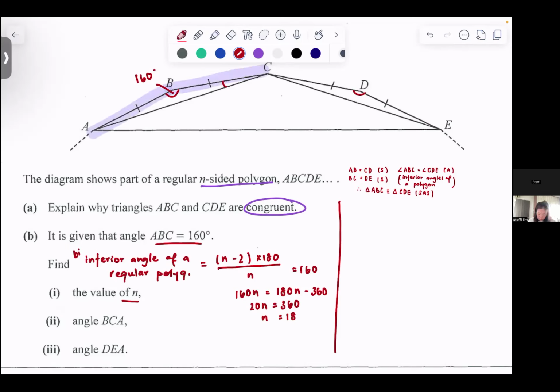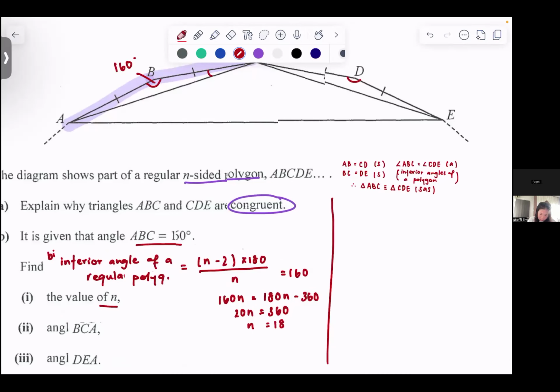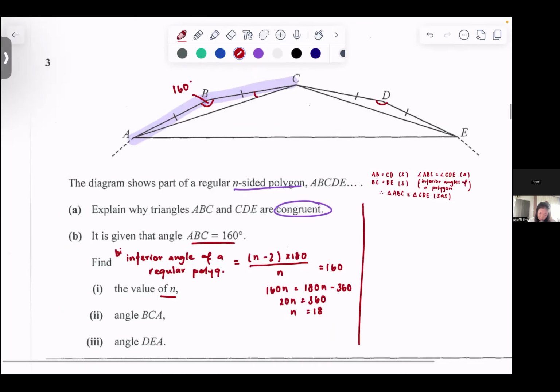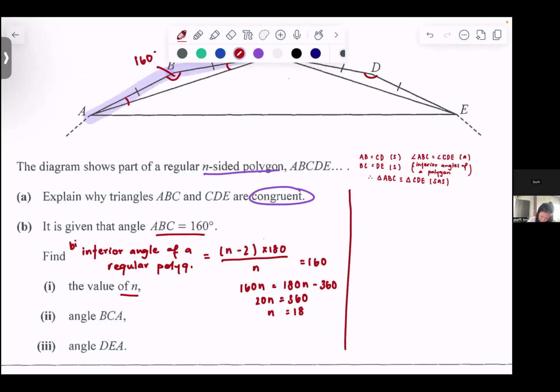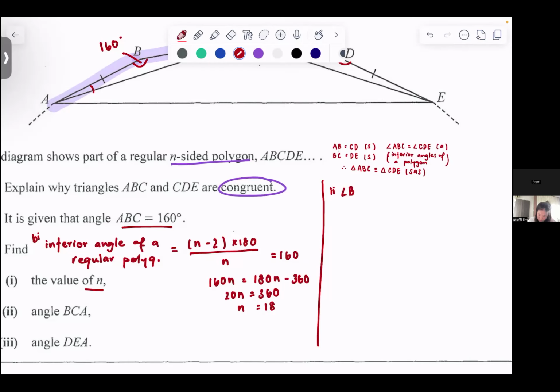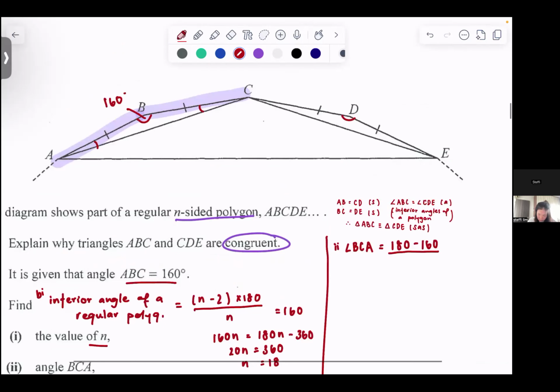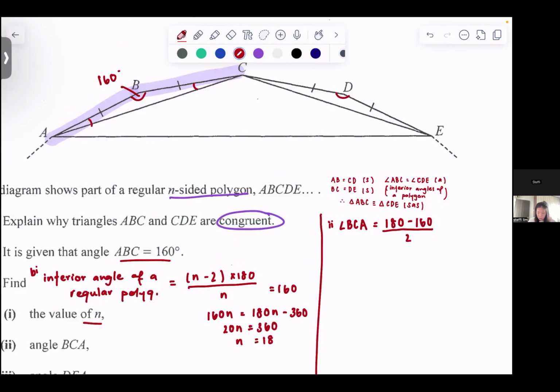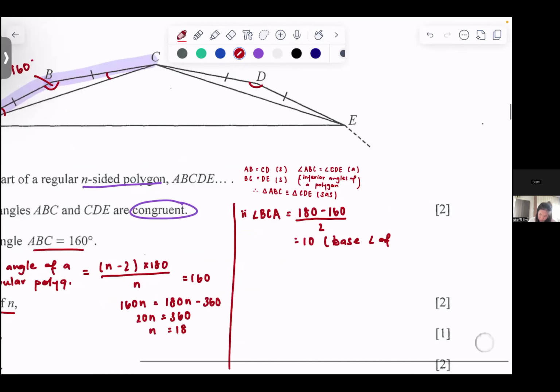So angles BCA and BAC will be the same. So you can easily find angle BCA, which is just 180 minus 160, giving the sum of both base angles of the isosceles triangle. Since they are the same, you just divide it by 2. That will give you 10. Reason: base angles of an isosceles triangle.